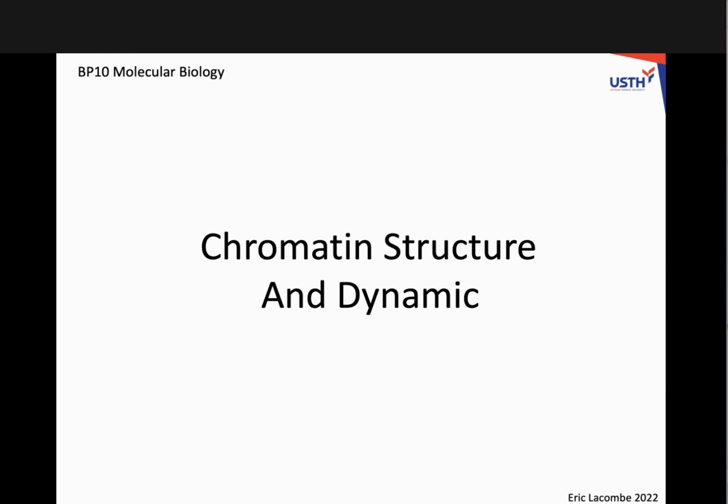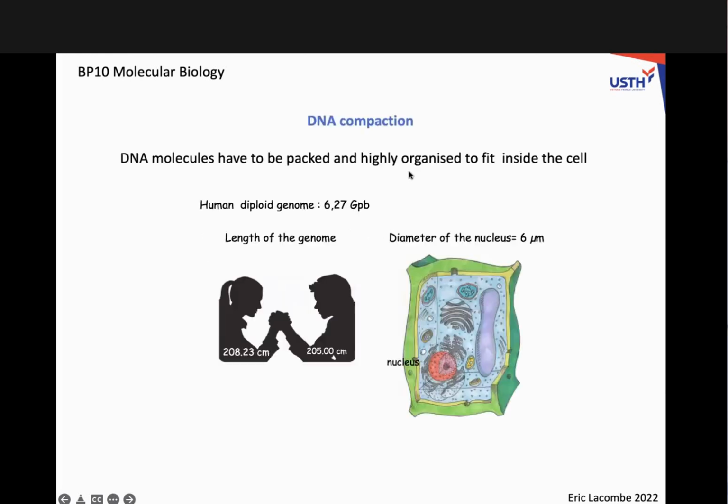So the chromatin structure and the dynamics. We will start with very simple things that you know, but at least you can come back on that. DNA compaction is completely compulsory in every eukaryotic cell because we have to fit it. For example, the human diploid genome represents something like 6.2 or 6.3 gigabase.